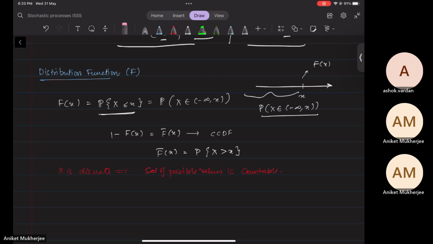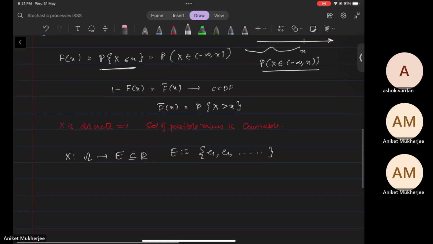So X maps from the omega space to E, where E is a subset of R and E is a set of countable numbers. This is a discrete random variable.